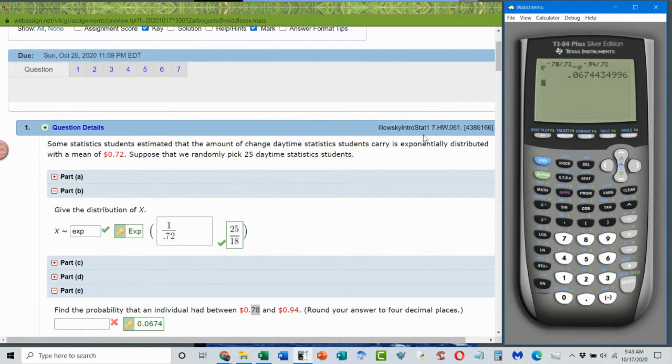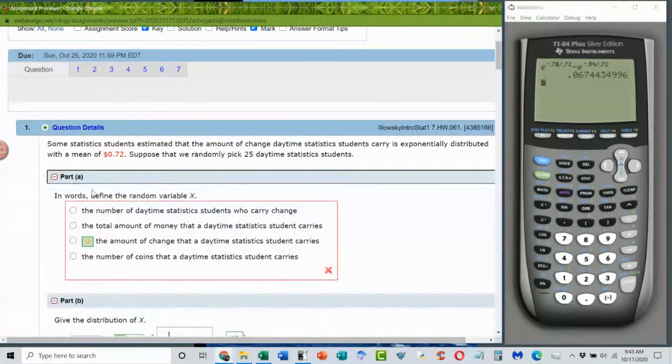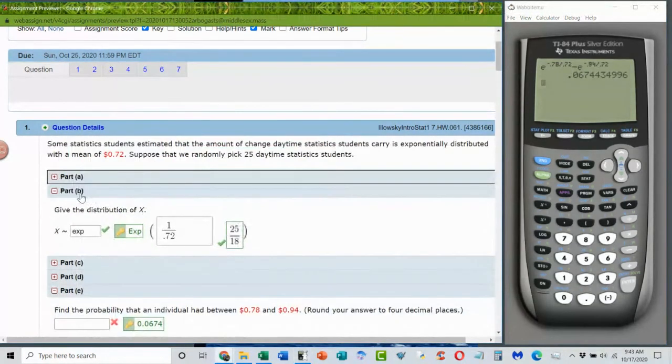M is 1 divided by 0.72, and they turn it into this fraction here, but it's easier not to deal with that because it's not a clean decimal at all. It's a repeating decimal, so you have a fraction times a decimal, and it's like, why would I want to do that kind of weird work? I have a decimal here and a decimal here, why can't I just use those?